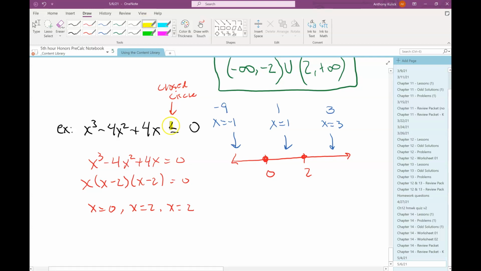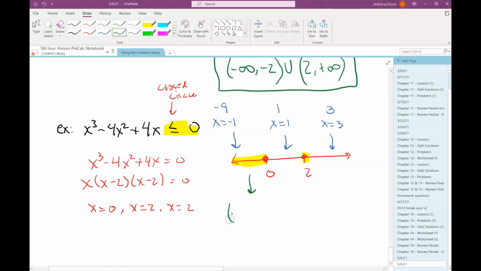So I'm looking for less than or equal to 0. I'm looking for this section and the number 2. Remember that 2 by itself was equal to 0, so it does need to be included. That's why we use the filled-in circle.